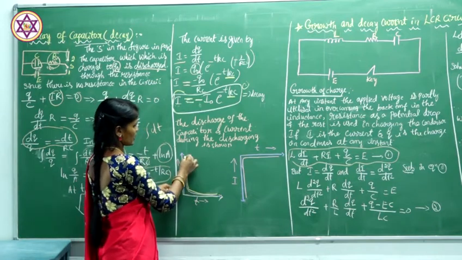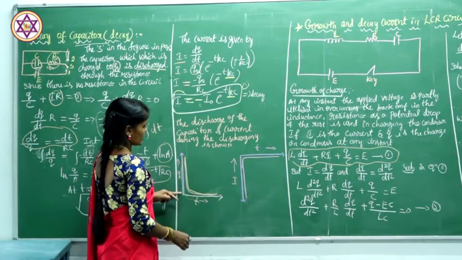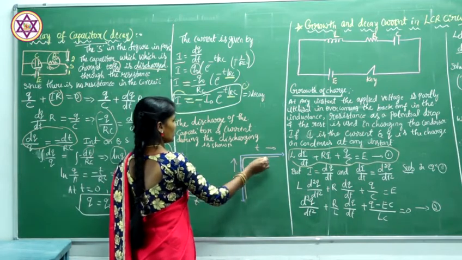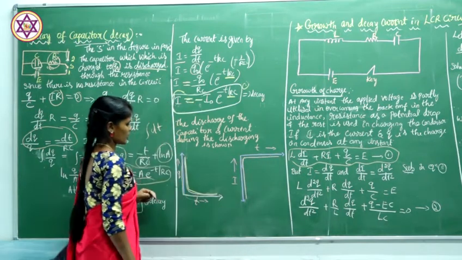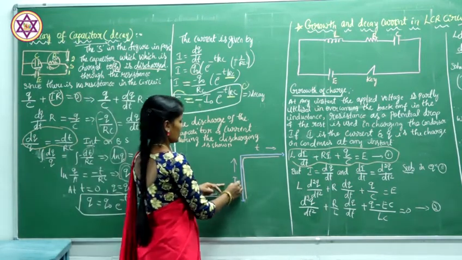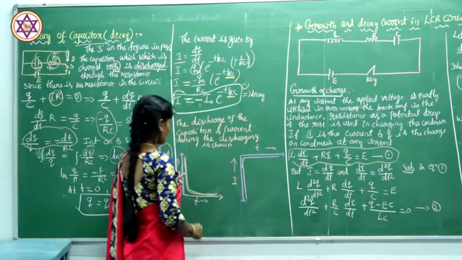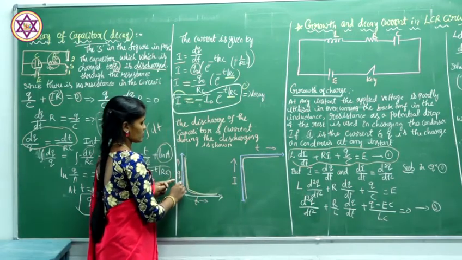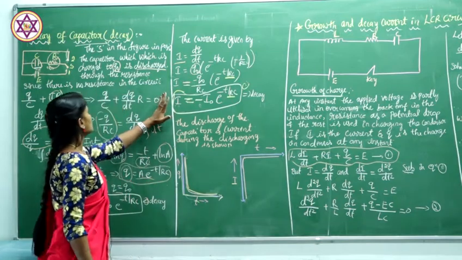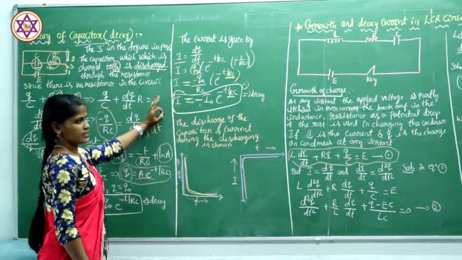In this graph the current gradually decreases, and here also the current gradually decreases. Here is current versus time, and time versus charge. This is the expression for the decay of the capacitor.